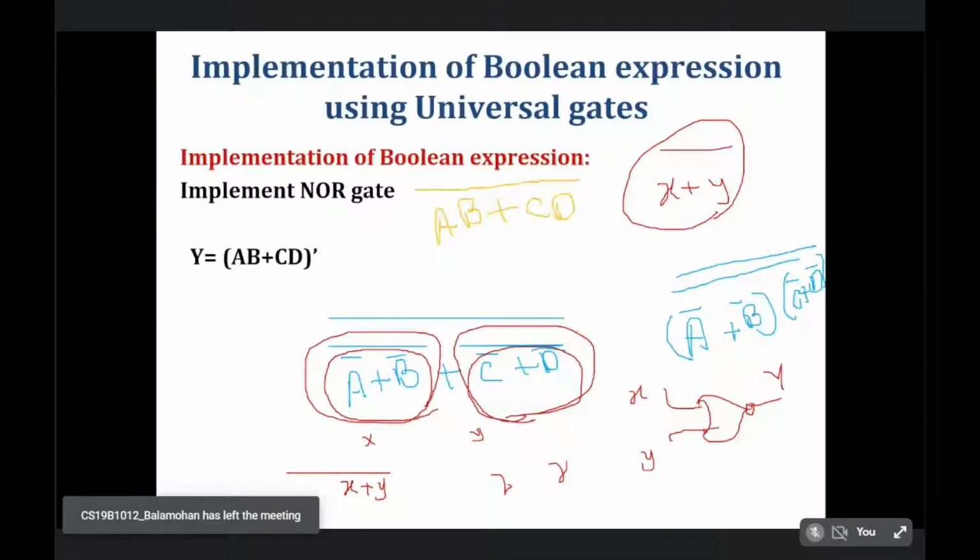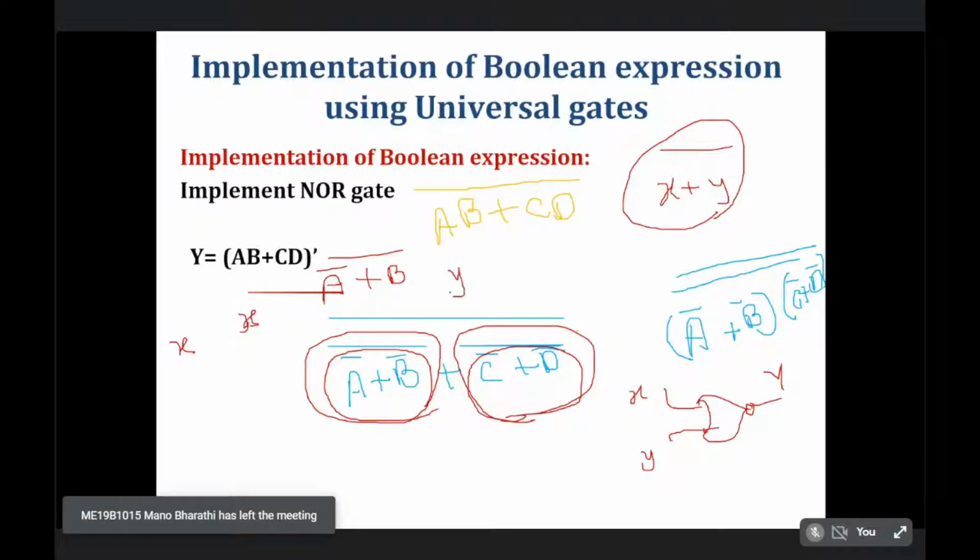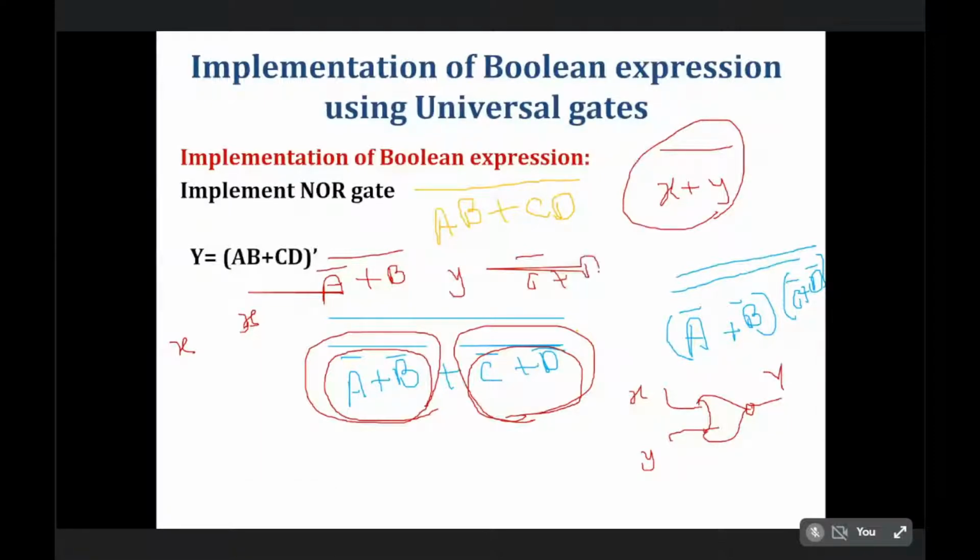Now what we have to do? We have to find out this. Here x is, sorry, a bar plus b bar whole bar, and y is c bar plus d bar whole bar.